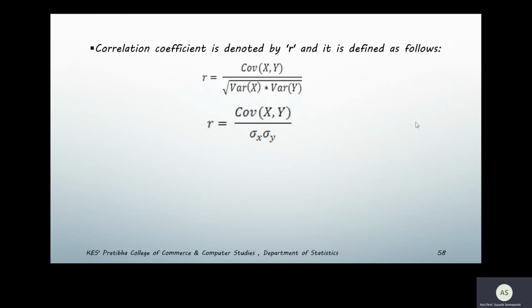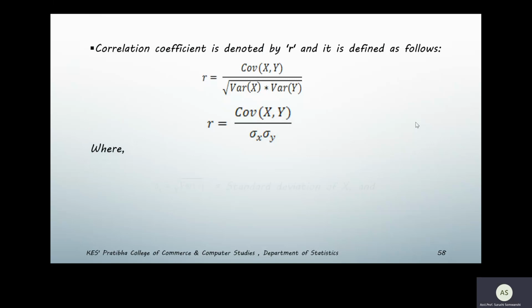The correlation coefficient given by Karl Pearson is denoted by r and it is defined as follows. r equals covariance of xy divided by the square root of variance of x into variance of y. That is, r equals covariance of xy upon sigma x sigma y, which are the standard deviation of x and the standard deviation of y.